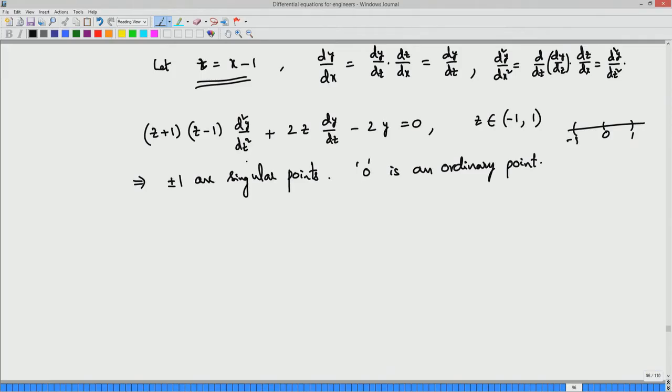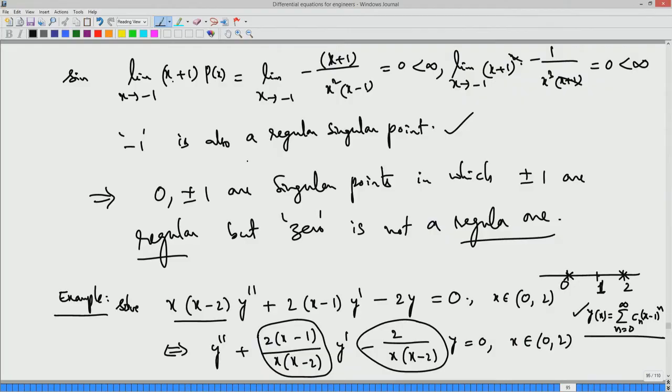We have already seen earlier that this equation has one solution, y1 of x, which is 1 minus x. Once you know one solution, you can find your other solution y2 of x from Abel's formula.